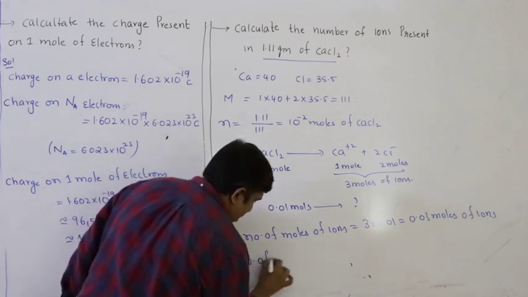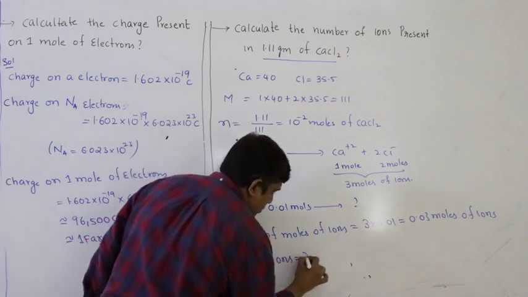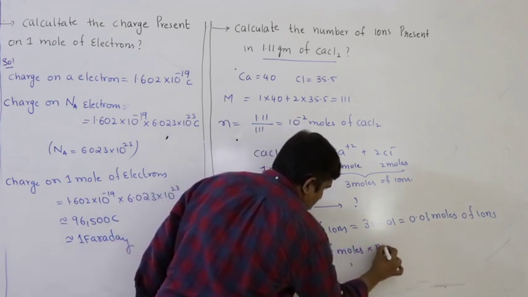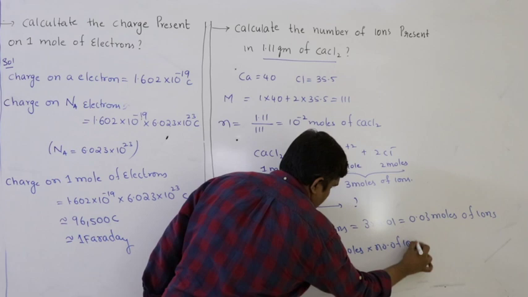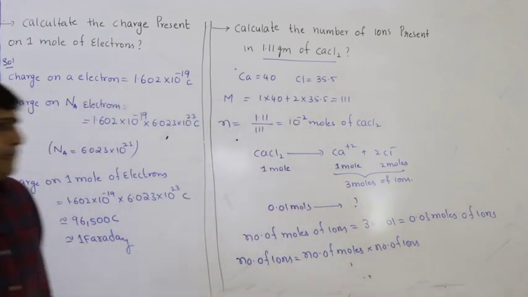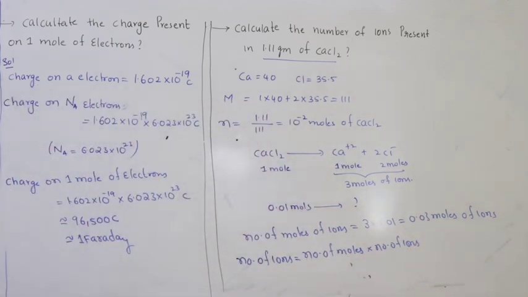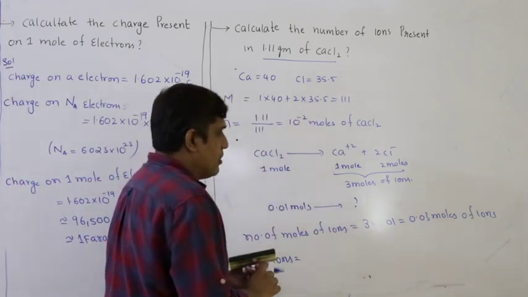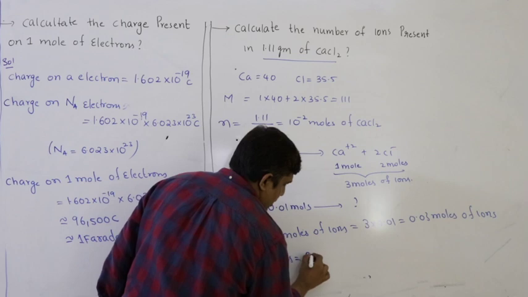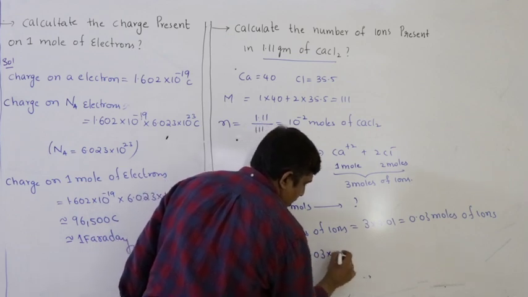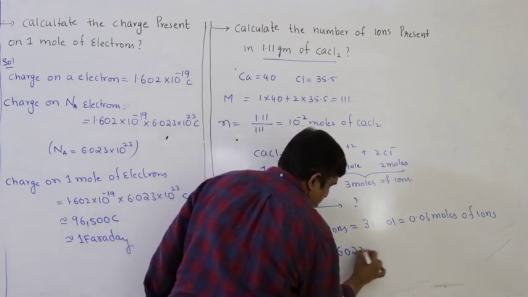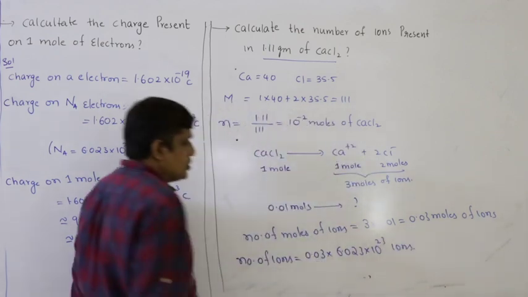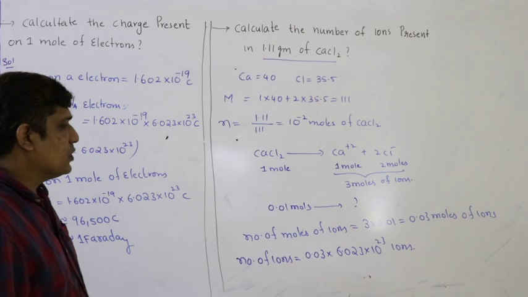Therefore, number of ions is equal to number of moles into Avogadro number, that is 0.03 into 6.023 into 10 power 23 ions.